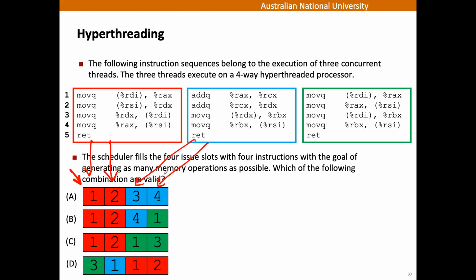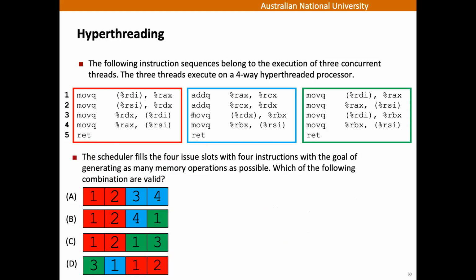Where valid means we are not violating a read after write dependency. If instruction 1 produces a register R2 and instruction I2 consumes R2, then we cannot execute I2 before I1. That's the definition of validity, read after write dependency.